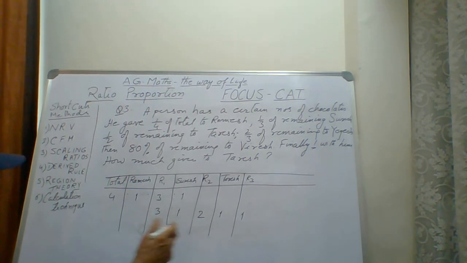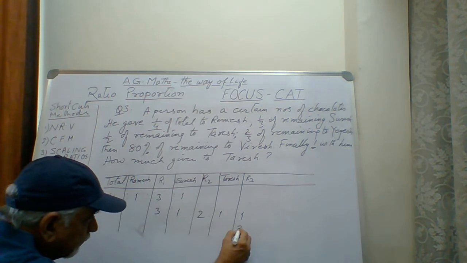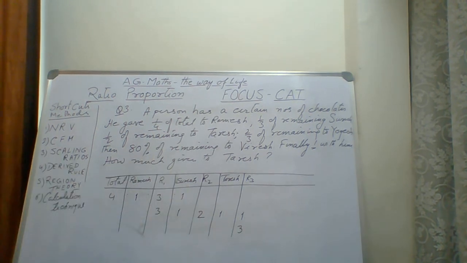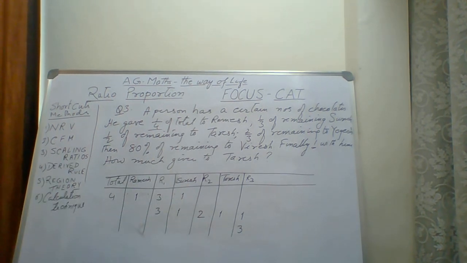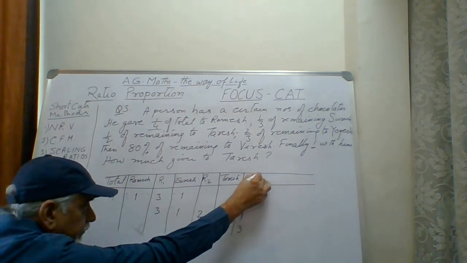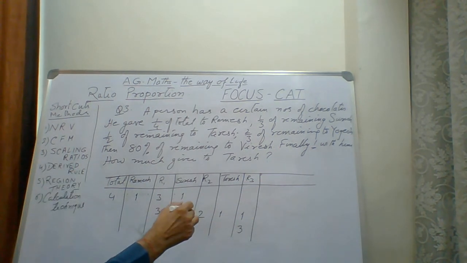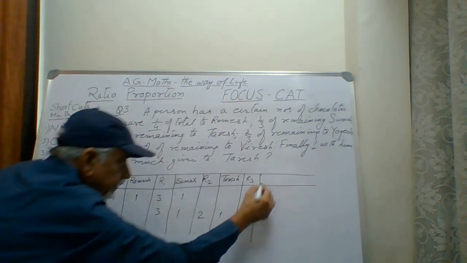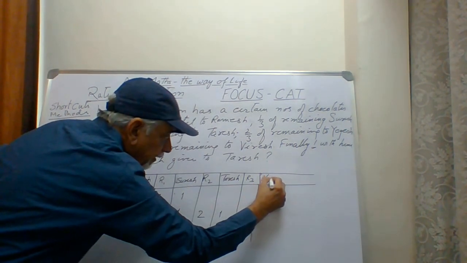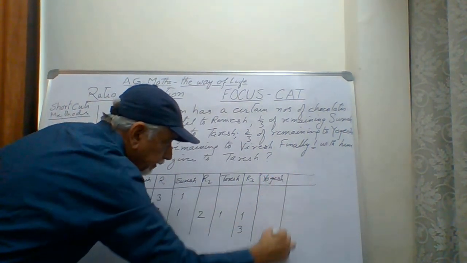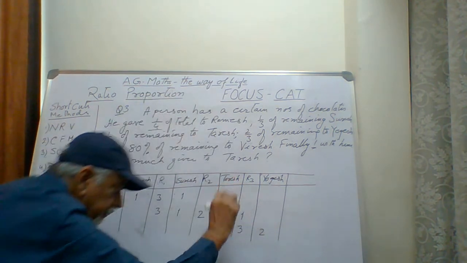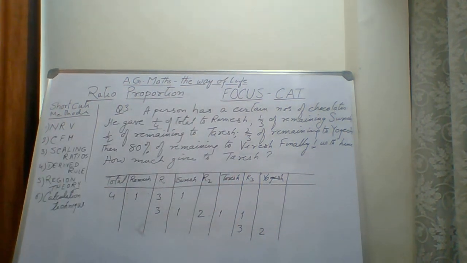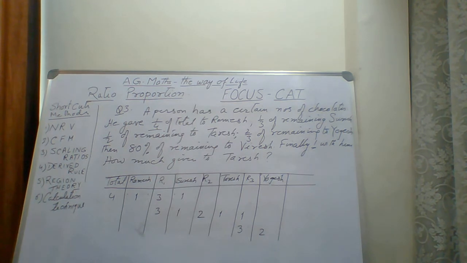So to make it 2/3, I will convert this by assumption into 3. So let the remainder be 3, and out of this Yogesh gets 2 chocolates as 2/3 of the remaining.